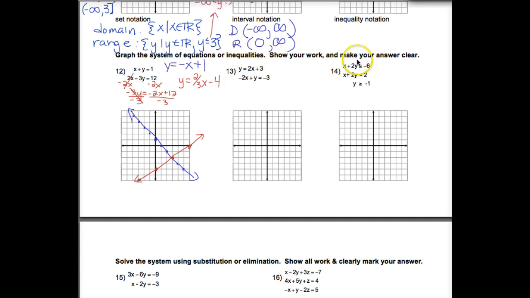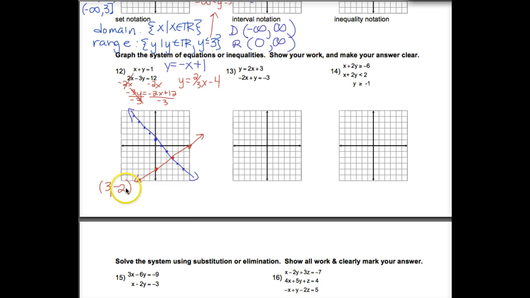Remember, it says make your answer clear. So here's work to graph the lines, but my answer is this ordered pair. Now, some of you didn't watch the first video, and I reminded you that on these we studied the classifications.